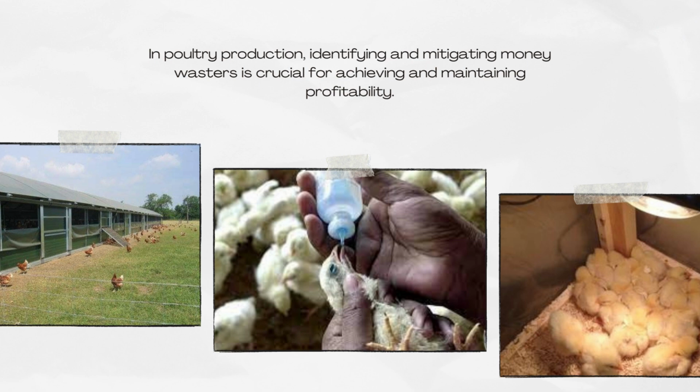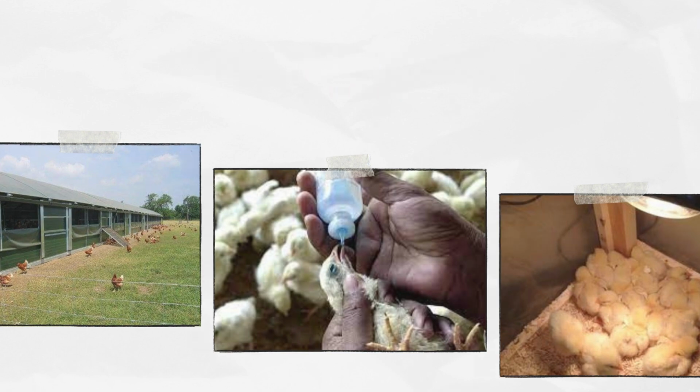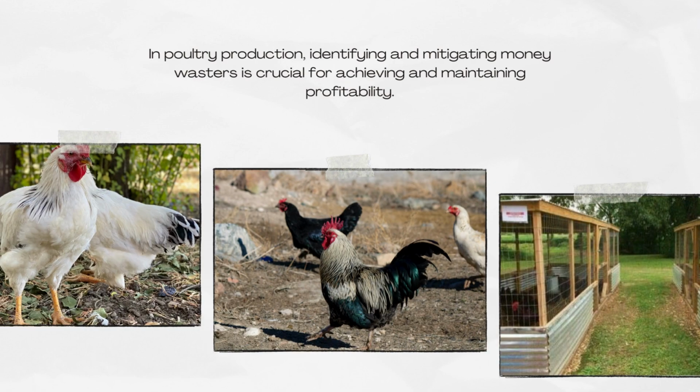By addressing issues such as inefficient feeding practices, disease management, poor housing and environmental conditions, inefficient labor management, and high energy costs, poultry farmers can optimize their operations and increase their bottom line.